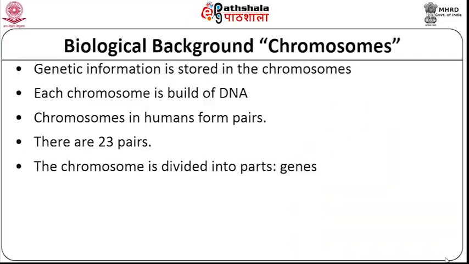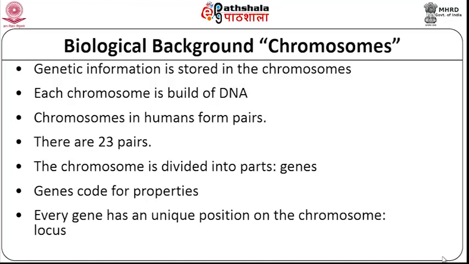The chromosome is divided into parts called genes. Genes code for properties, and every gene has a unique position in the chromosome, the locus. If you take a chromosome, every gene occupies a particular locus, and there is a gene code which decides the properties. That is the biological background of chromosomes, and we have adapted chromosomes for genetic algorithms.